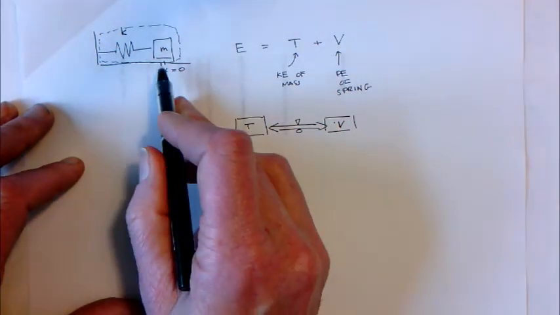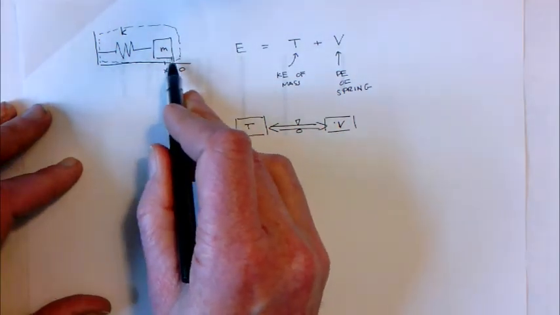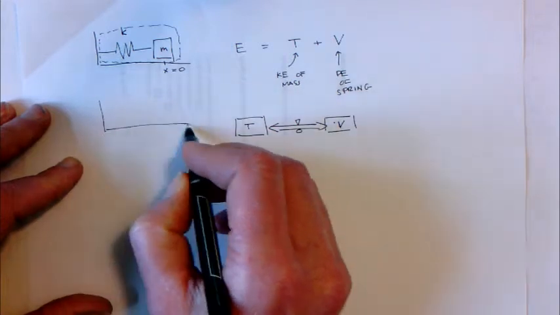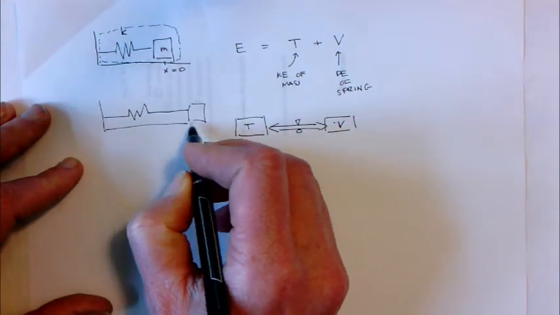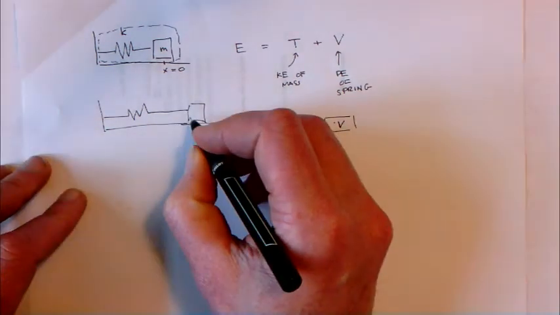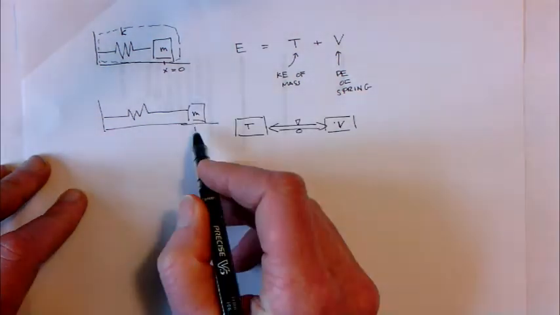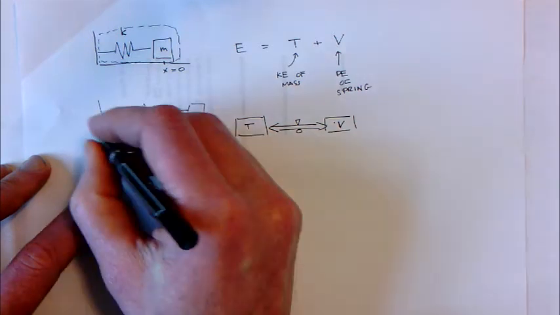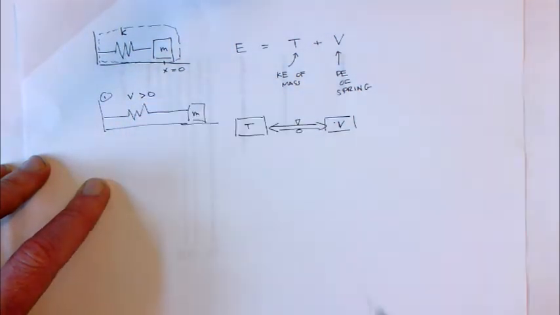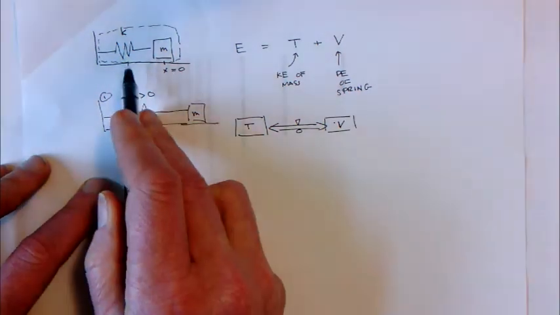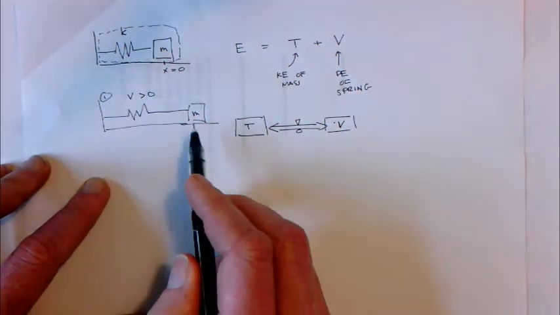So let's imagine the case where we displace this thing. Let's say we stretch the spring out, got the mass over here, and then we let it go. Initially, we've stretched this spring, so for keyframe 1, the potential energy is bigger than 0. We'll say that the potential energy is defined as 0 at the relaxed point.